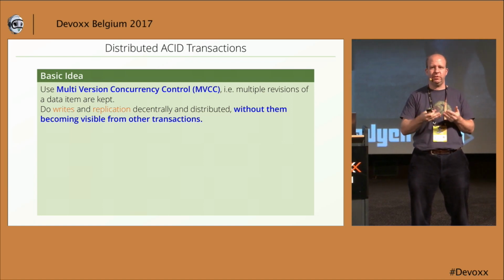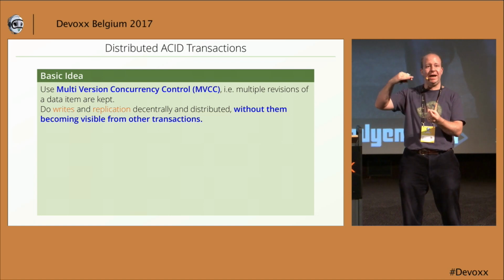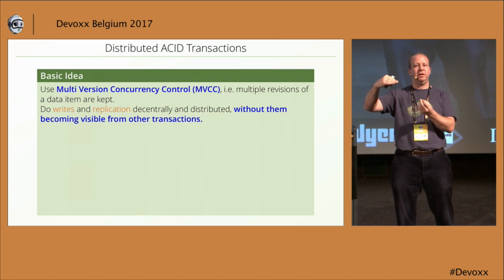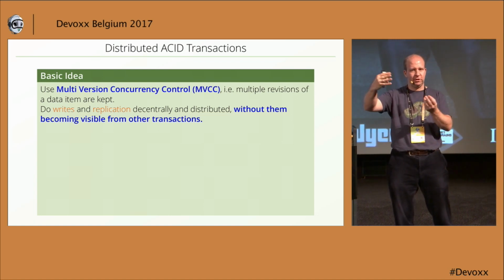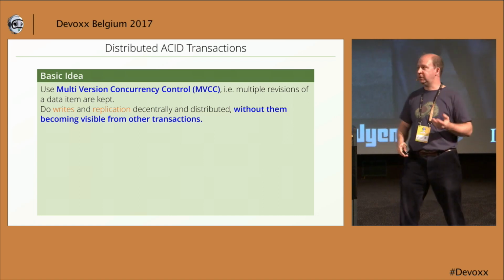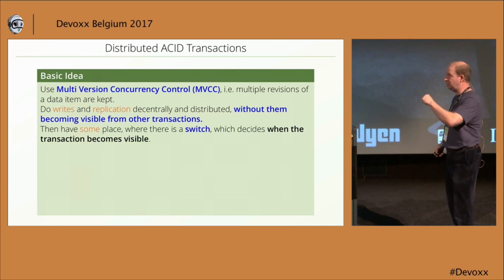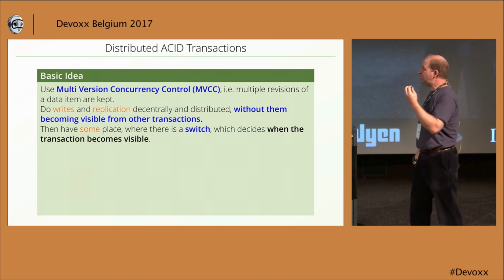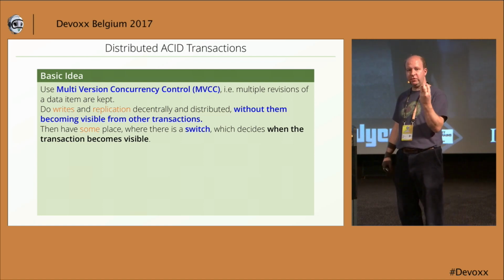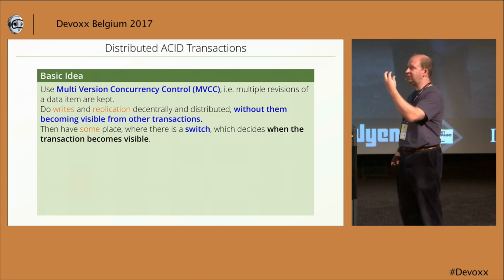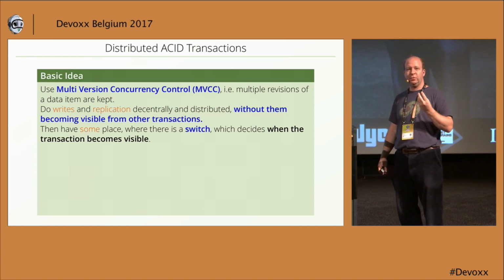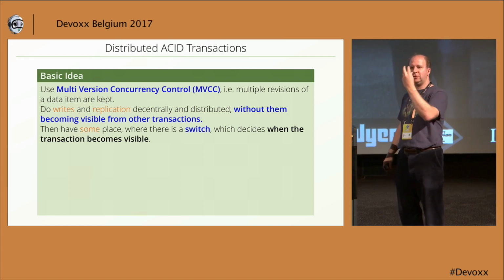And the results should be visible for every transaction which starts after that. If I say after, you always, of course, think about hybrid logical clocks and the trouble associated with that. So that comes into the picture here. So what you need is a single place in the system, which then, of course, has to be replicated as well, which says, well, yes, this transaction is committed or not.